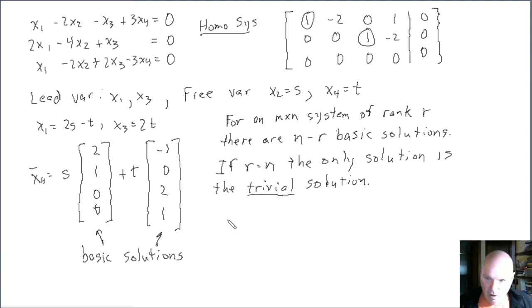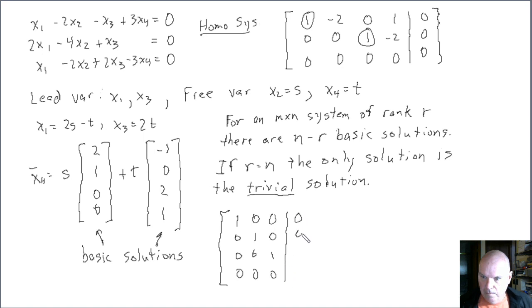An example of one that's full rank would be the matrix with rows 1, 0, 0, 0; 0, 1, 0, 0; 0, 0, 1, 0, and this is the homogeneous system. Again, it's consistent. I've got all zeros here. Actually, the homogeneous system will always be consistent.